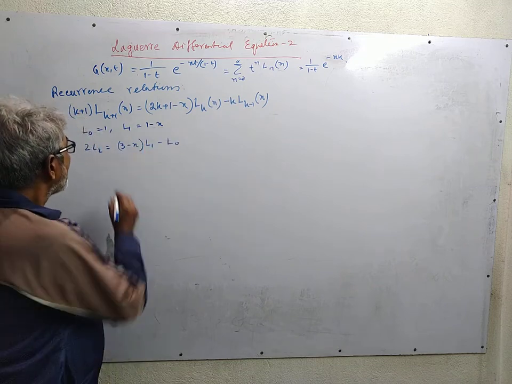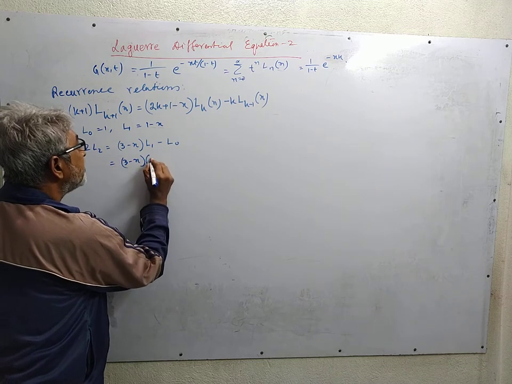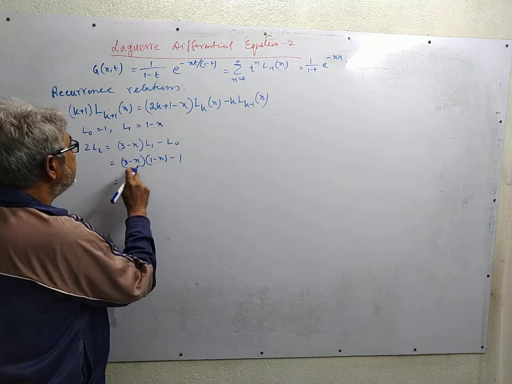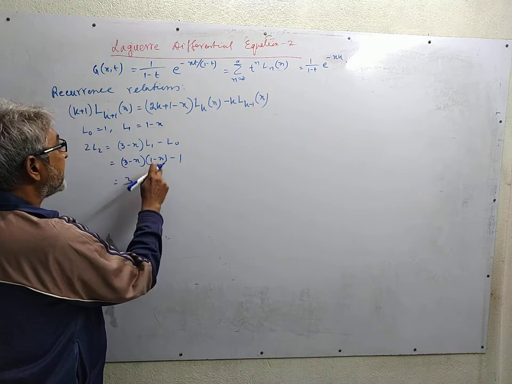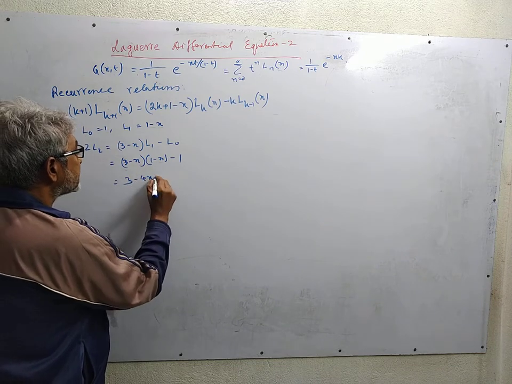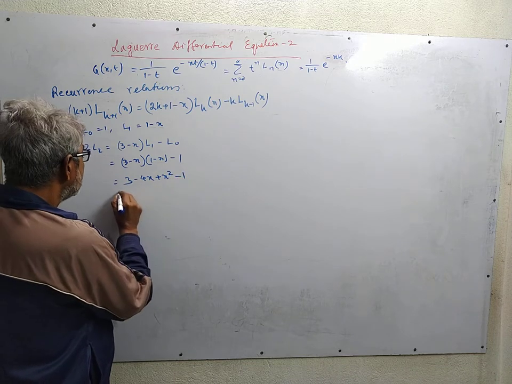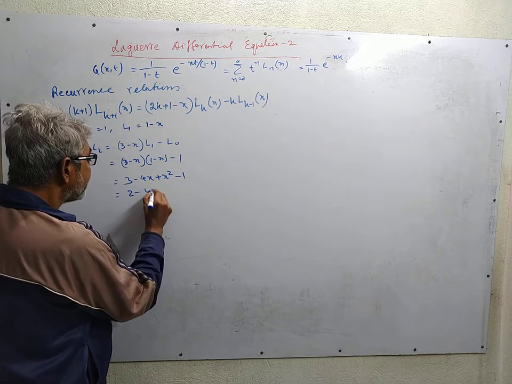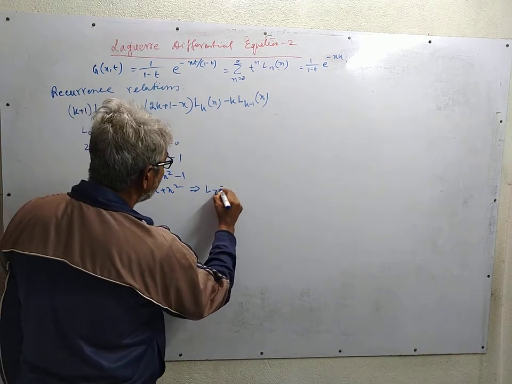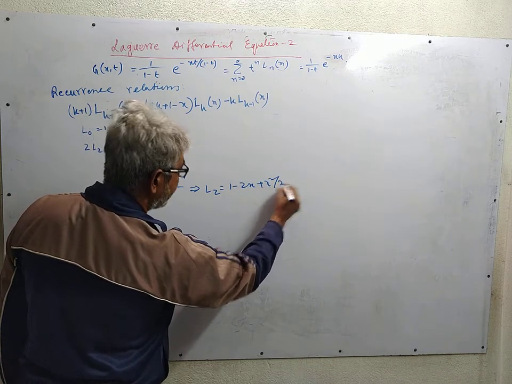So we know that it is (3 minus x) into (1 minus x) minus 1. So this is 3 minus 3x minus x, that is minus 4x, plus x square, minus 1. So this is 2 minus 4x plus x square, which gives you L2 is equal to 1 minus 2x plus x square by 2.